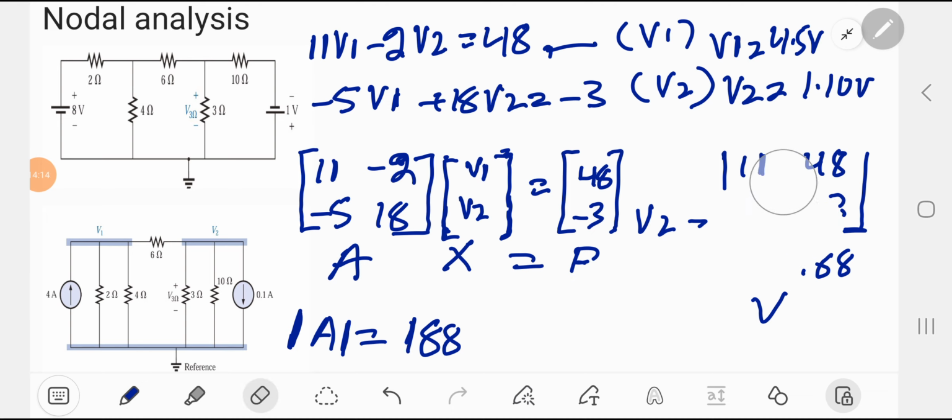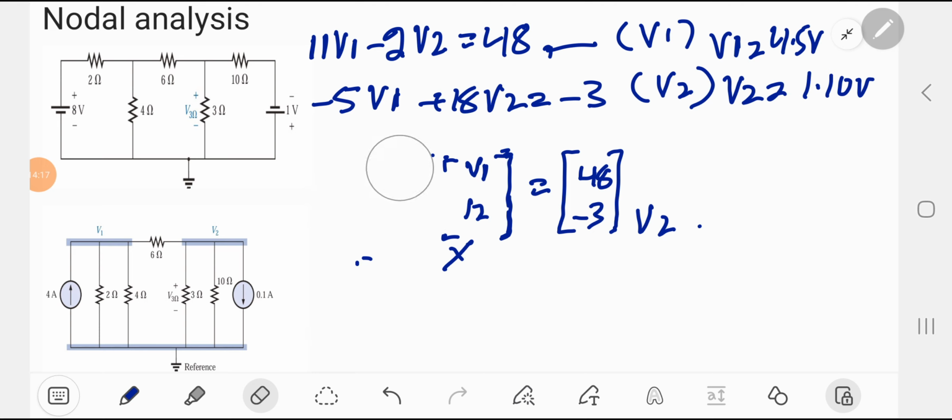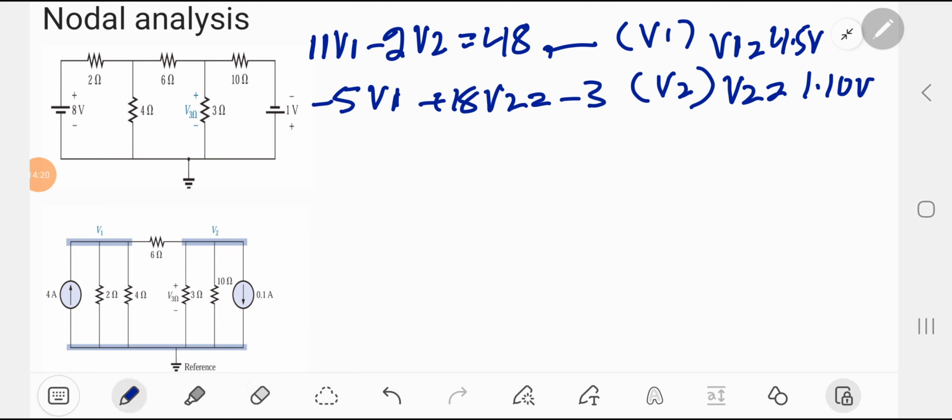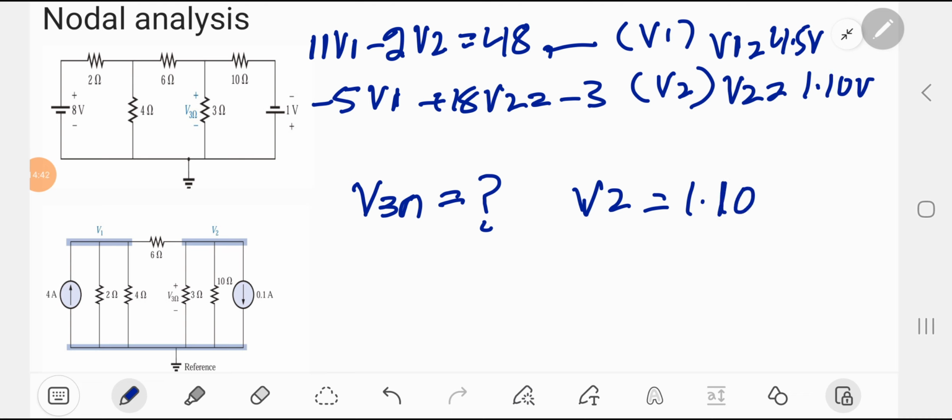Now if we erase all these things and look at the circuit, in this circuit they want to find this voltage. Here we found that V2 is actually equal to this voltage.